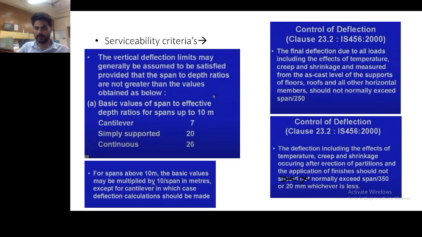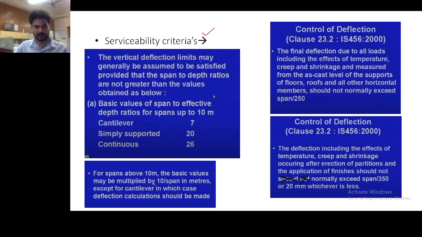It will be very unpleasant for the occupants to stay there if the slab is already deflected, so people will not prefer to stay there, even if it is fully designed properly and has enough strength. If it is deflected, then the serviceability criteria will not match.